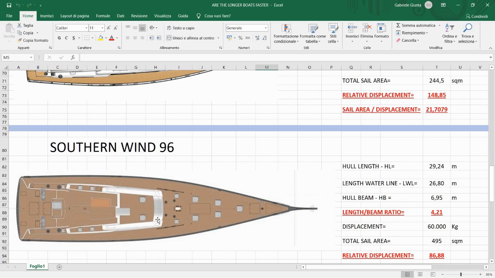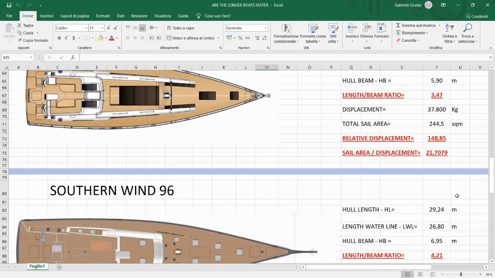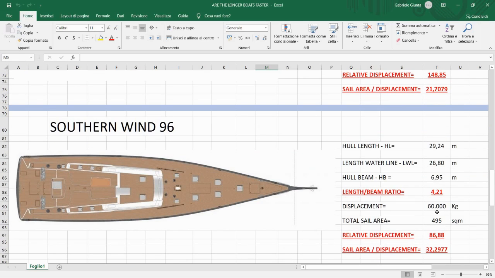Southern Wind 96, a custom boat, bigger boat. Hull length 29, length waterline 26.8, hull beam 6.95, length beam ratio is 4.21. Displacement is 60 tons. Total sail area 495 square meters.